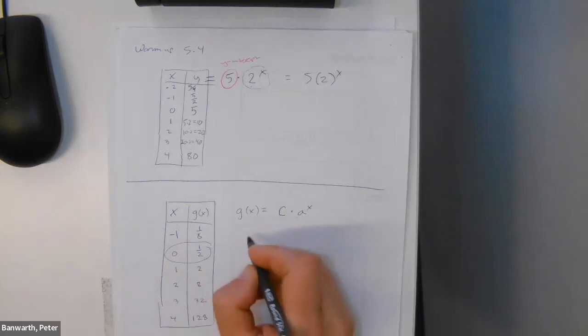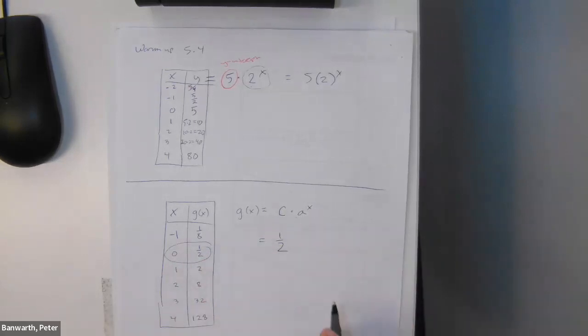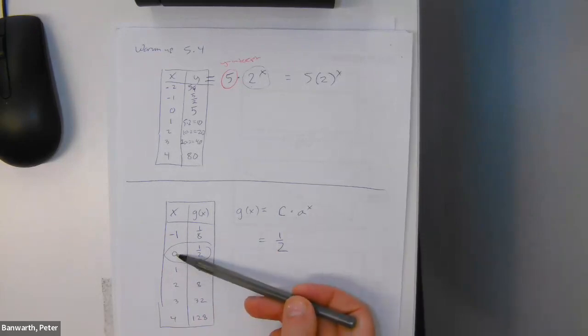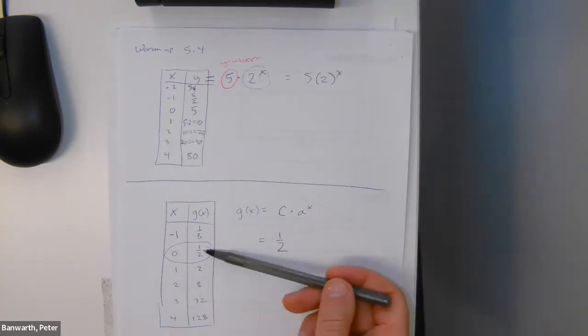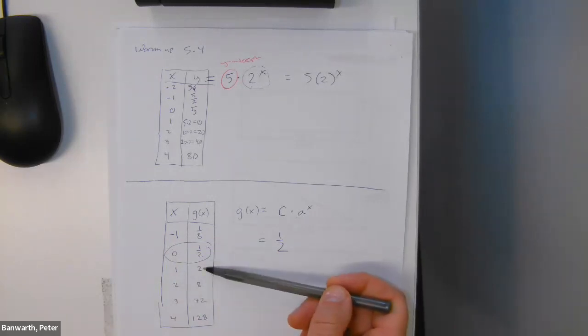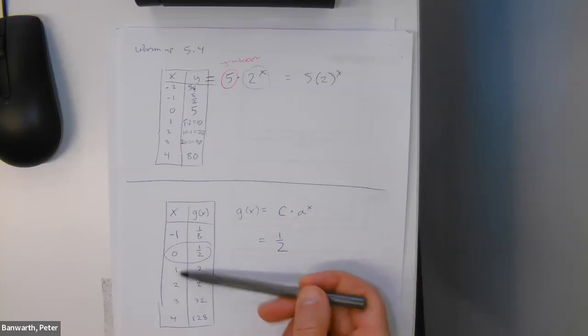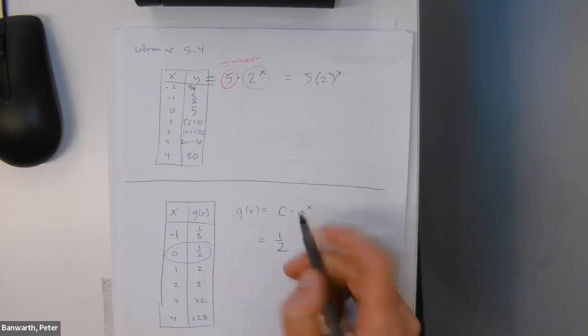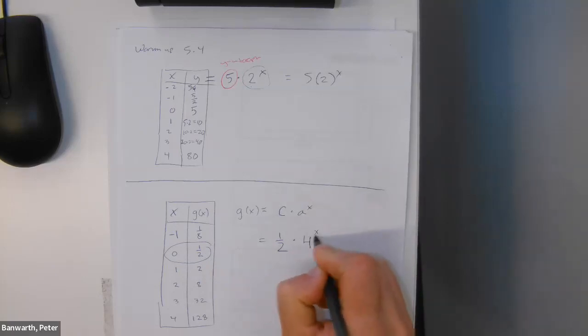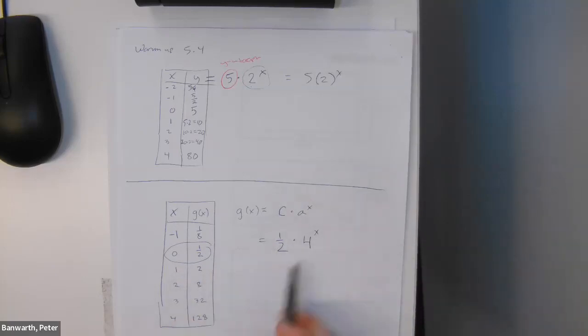That's right here, so C equals 1/2. And if I want to know what A is, I ask what happens to my output every time I increase X by 1. It goes from 2 to 8, that's multiplying it by 4. So that must be every time X increases by 1, my output is multiplied by 4.